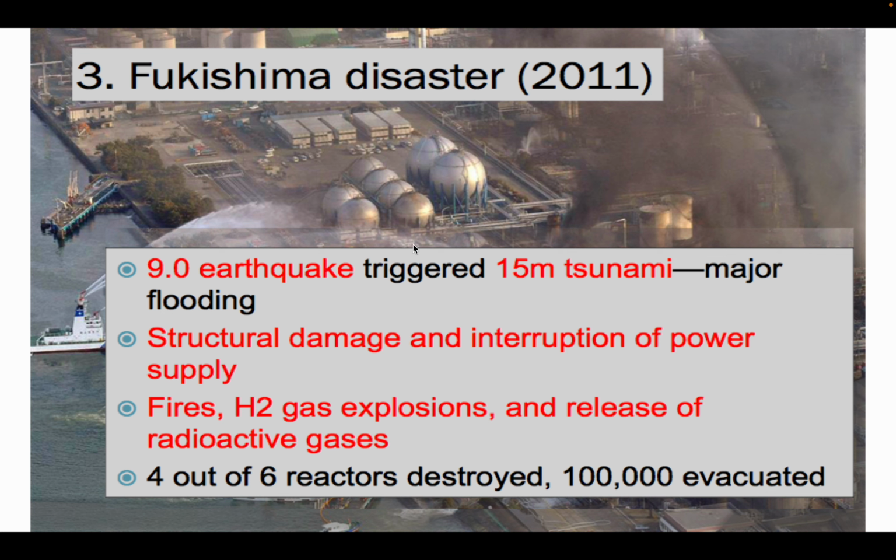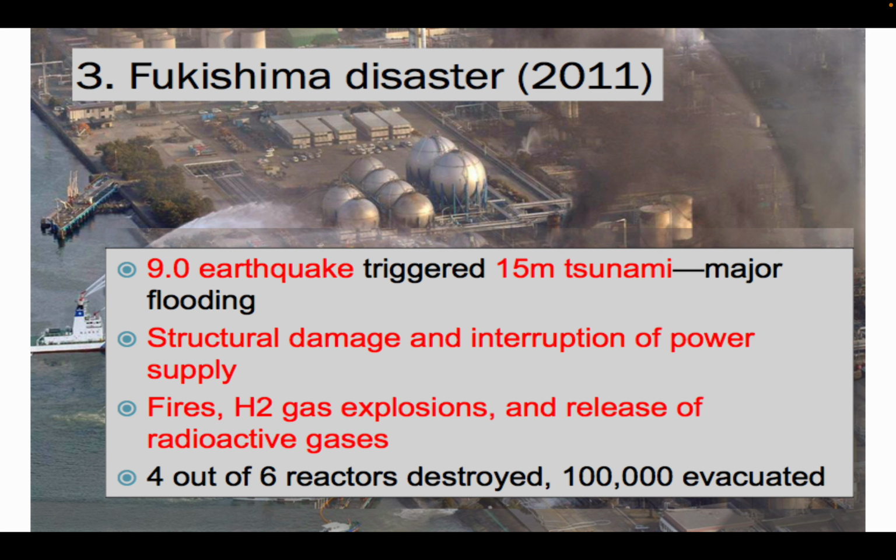Now, this flooding basically shut down the power supply that was bringing water in to help cool the reactors. Now, of course, being in Japan, they're very earthquake aware. They know that these things are going to happen. So there was a backup plan, and the backup plan was battery packs that would help bring water in to cool the reactors.